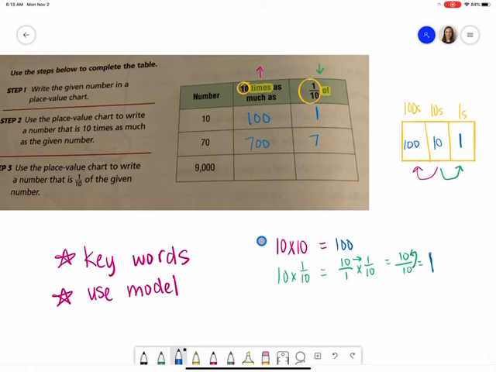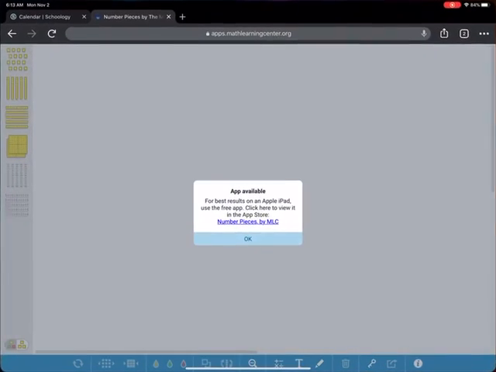Okay? And then the last one would become 90,000 and 900. And remember, we are multiplying this number by 10 and then multiplying it by 1/10, to get these final numbers. Okay, last thing is I want to show you in a model as well.